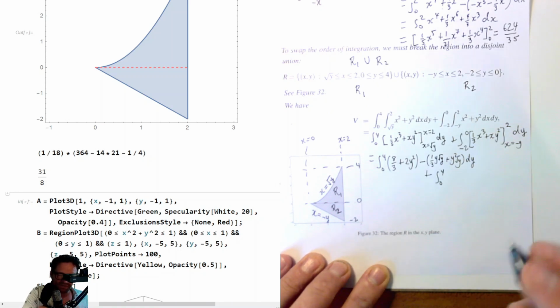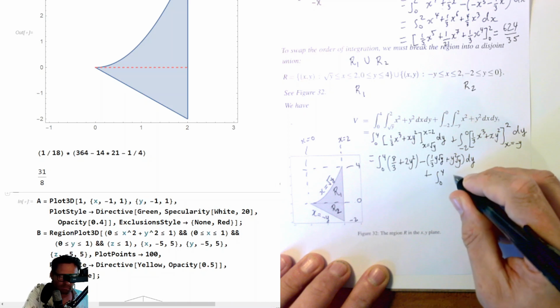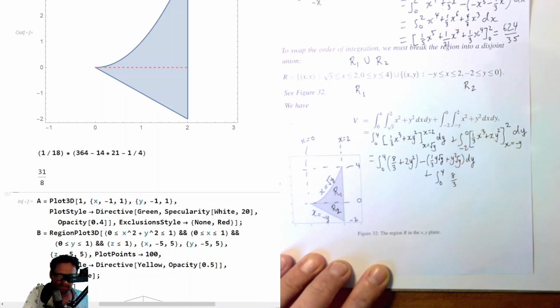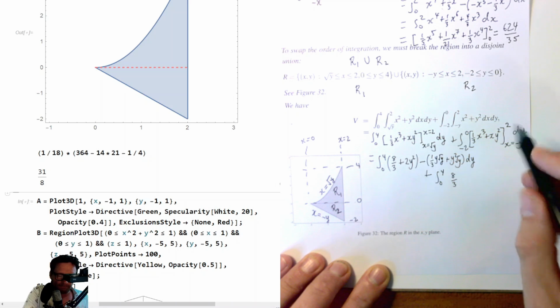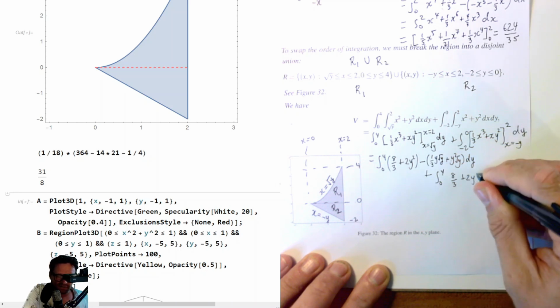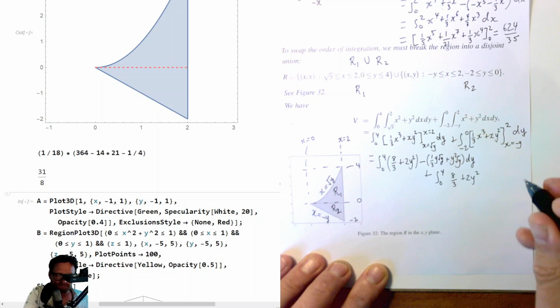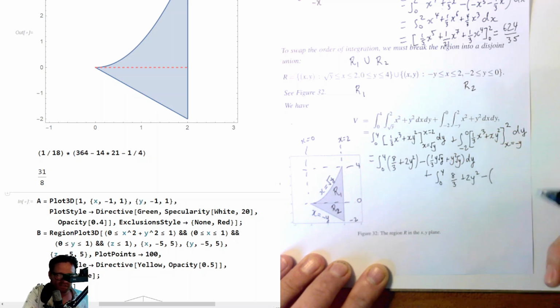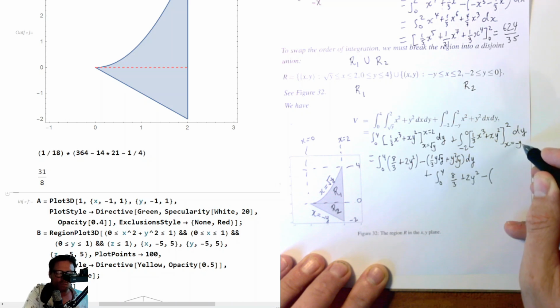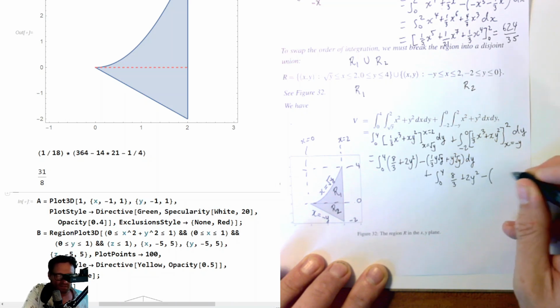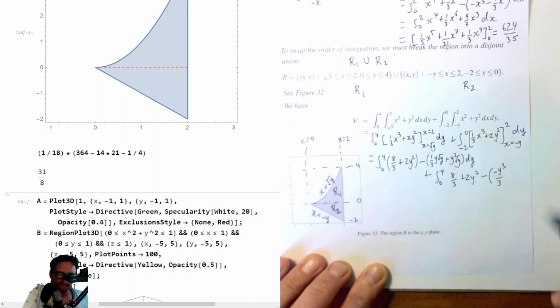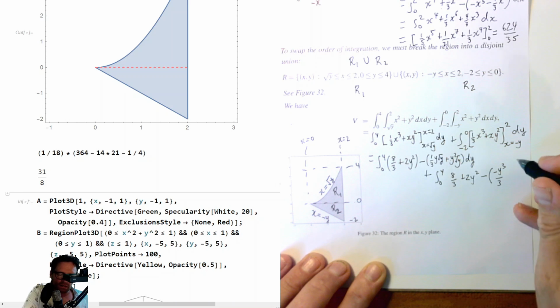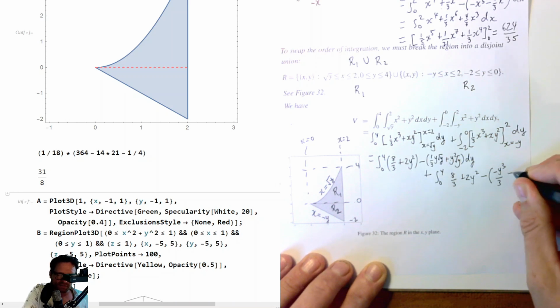Okay, so 2 cubed is 8. 8 over 3 plus 2y squared. So minus, now we're replacing x with minus y, so that's minus y cubed over 3, and then minus y cubed.